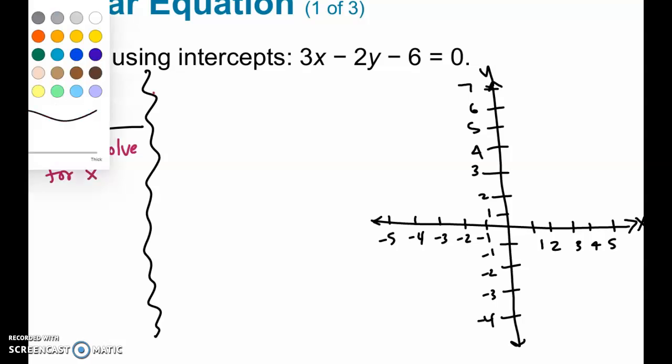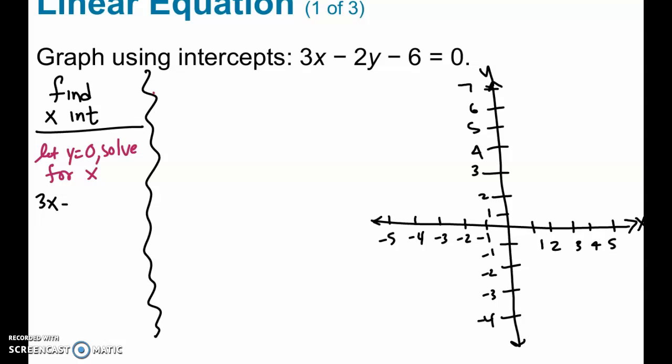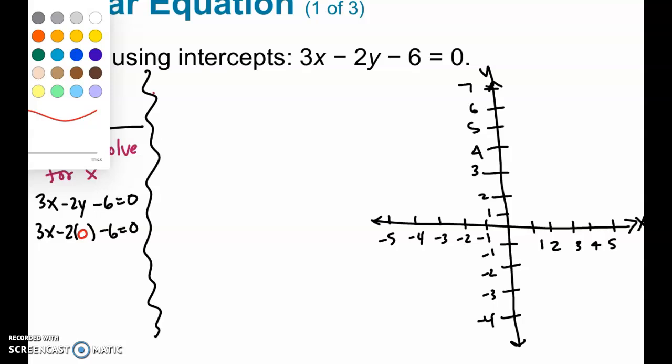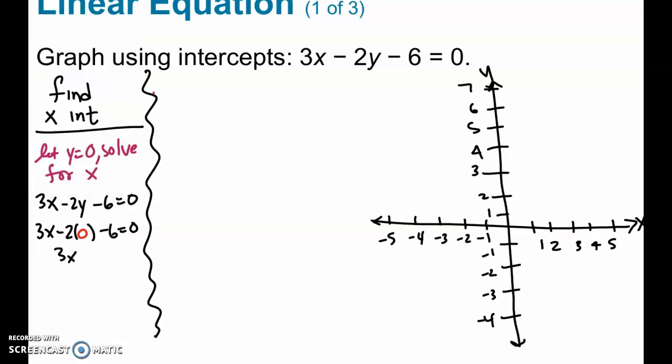So I take my equation, which in this case is 3x minus 2y minus 6 equals 0. And in place of y, I'm going to plug in 0. And so now I'm going to end up, well, 3x, and then negative 2 times 0 is 0. 3x minus 6 is equal to 0.